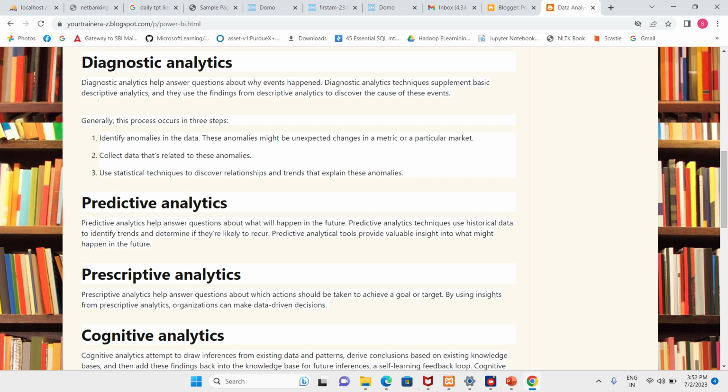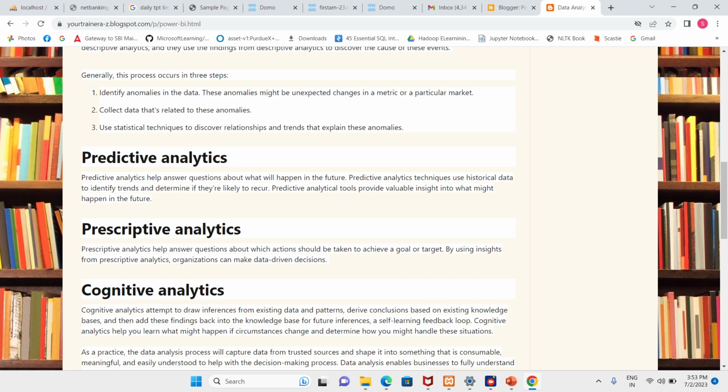Just for example, in the last 3 years we had some trend, so we think whether this trend will occur in the future or not. Okay, predictive analytics tools provide valuable insight into what might happen in the future. So next is prescriptive analytics.